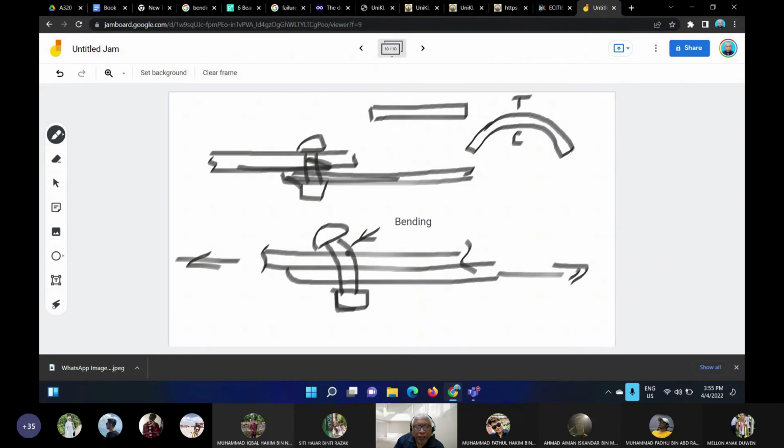Once you have tension, it tries to pull away, it will fail. It will fail around underneath the head. So this one we call it cleavage.